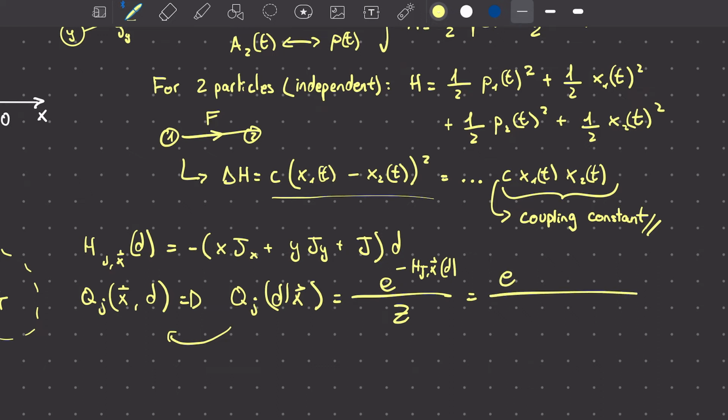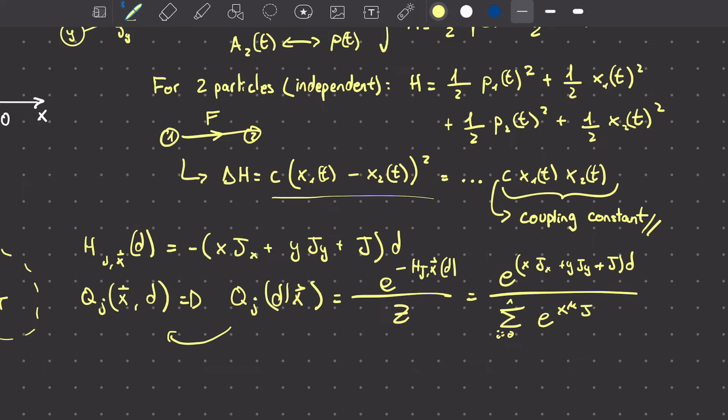Let's expand this a little bit. So we know the Hamiltonian looks like this, and then the partition function is just going to be a sum from 0 to 1 of, because those are all the states, it can be either 0 or 1, right, of e to the power of the Hamiltonian.